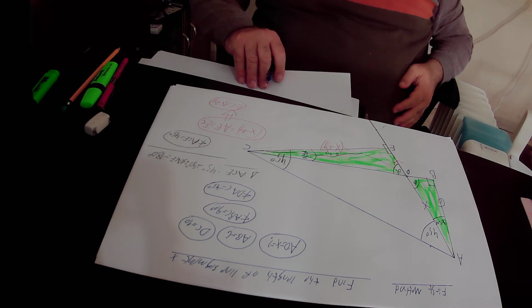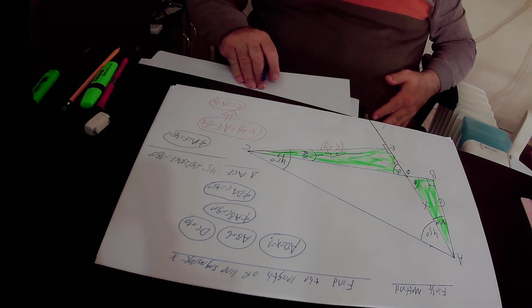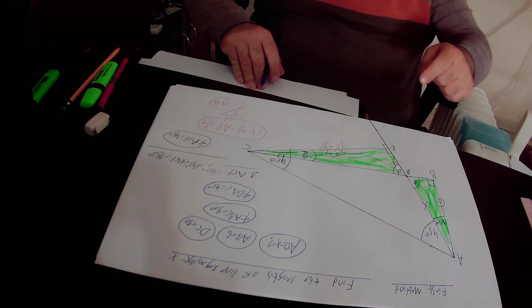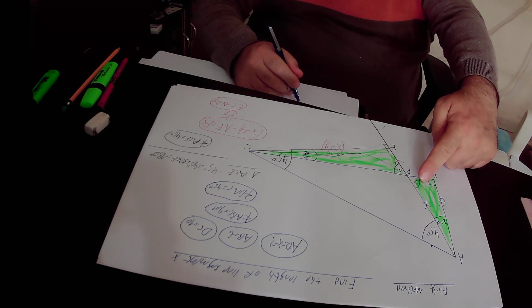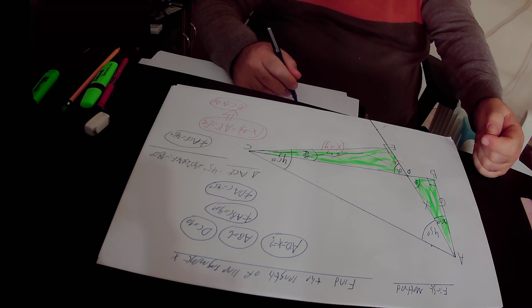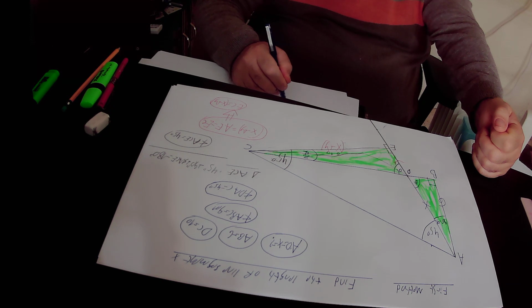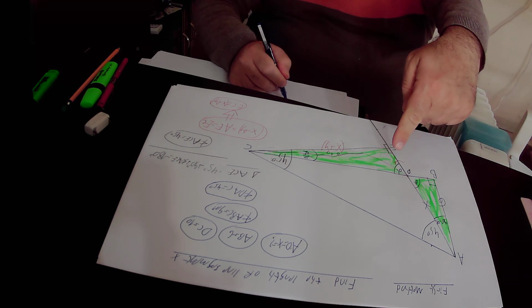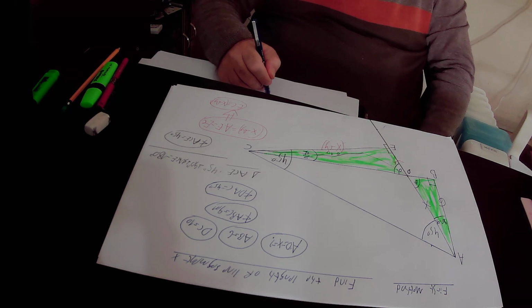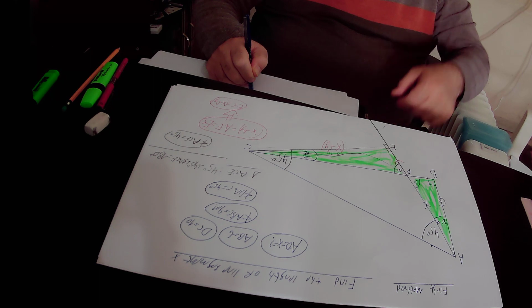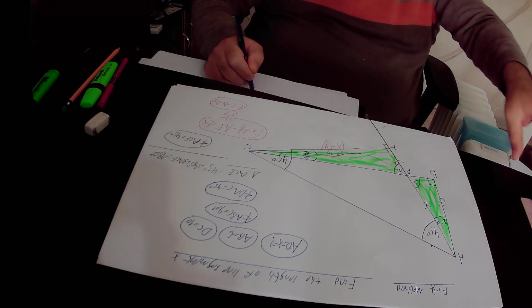So angle ADB is equal to this angle, which is actually angle EDC, and both those angles are equal to alpha.